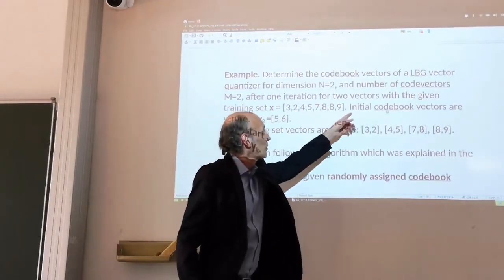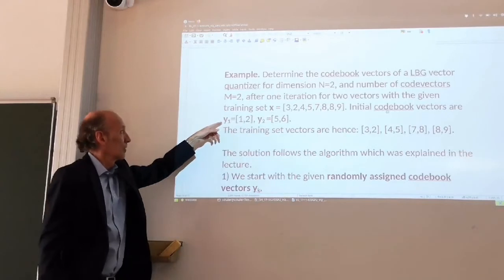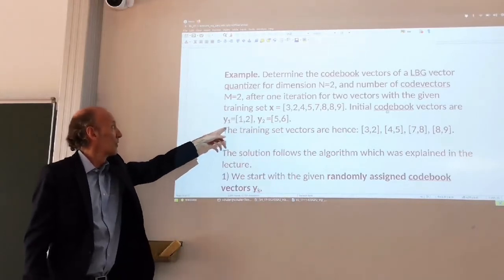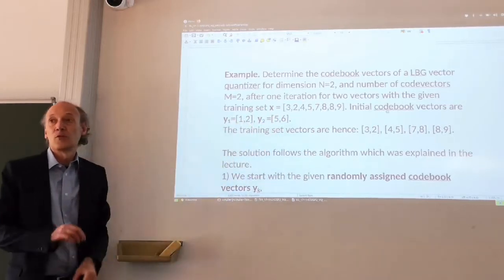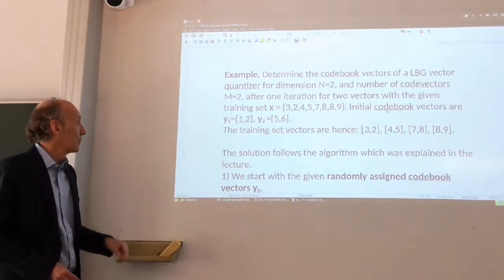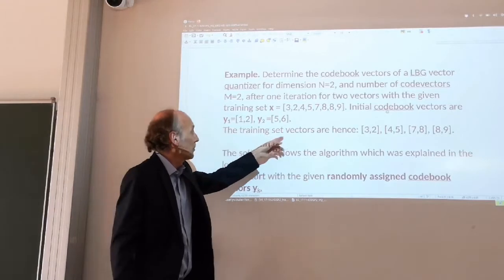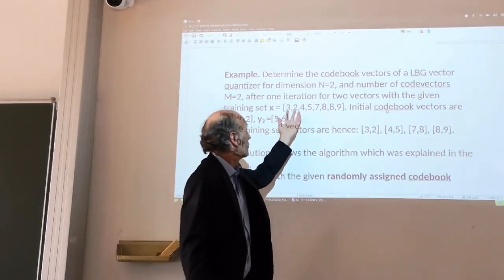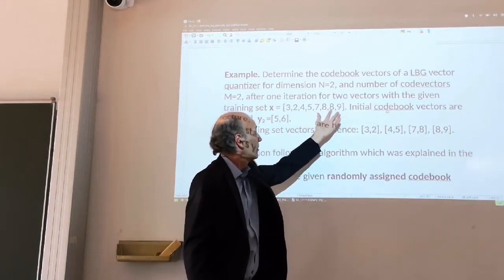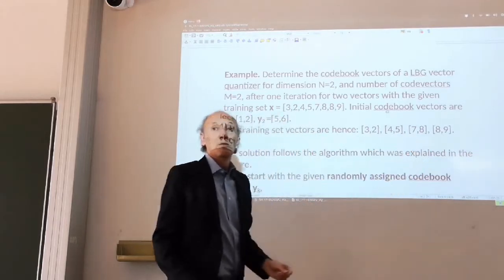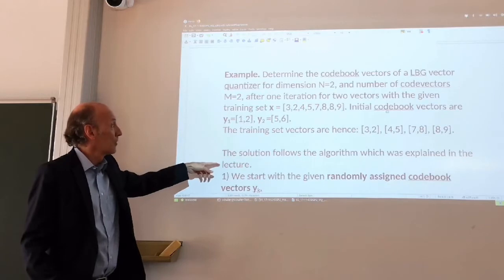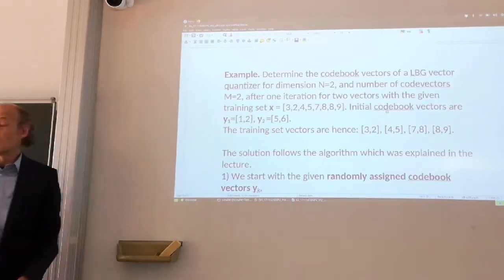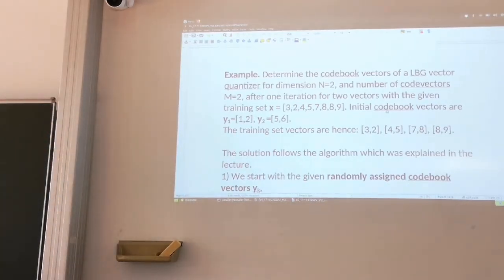So the initial codebook vectors are just some random vectors. Here y1 is 1, 2, y2 is 5, 6. It's just some initialization. And the training set vectors are hence the groups of 2, the blocks of 2 from the signal here, which you can see here. So this is your training set. And then the solution follows the algorithm, which was explained above, basically.